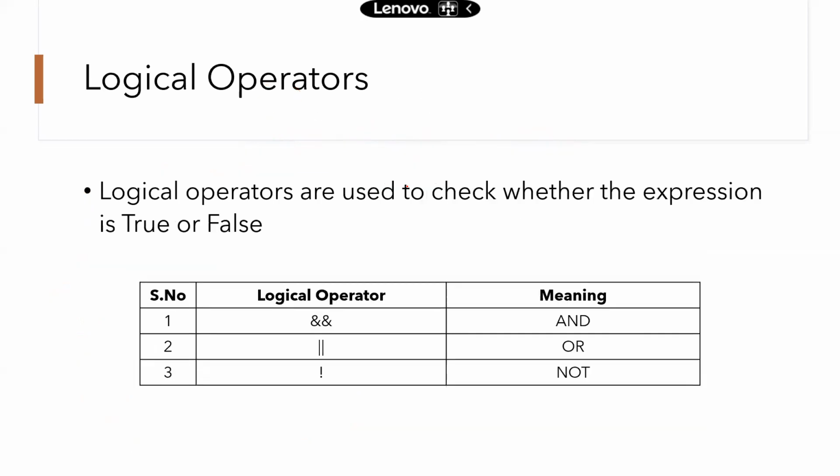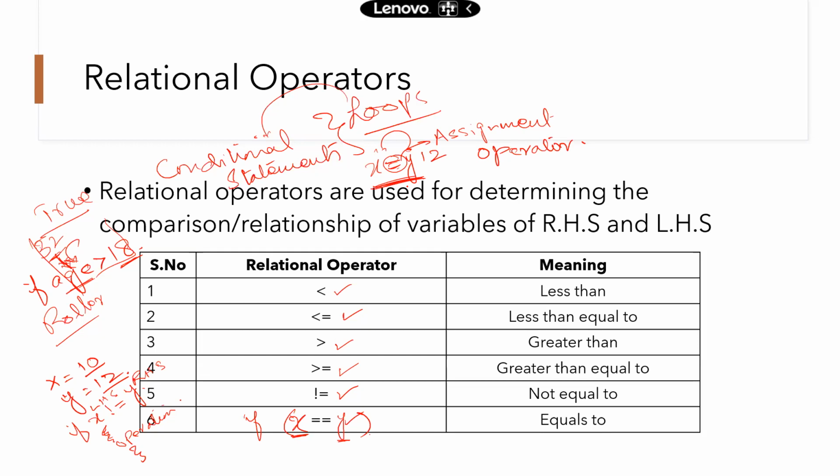So remember these things. The next thing is the logical operators, and these logical operators are used to check whether the expression is true or false. Although we had discussed before that the condition over here generates the value of true or false, it might be a true or it might be a false.